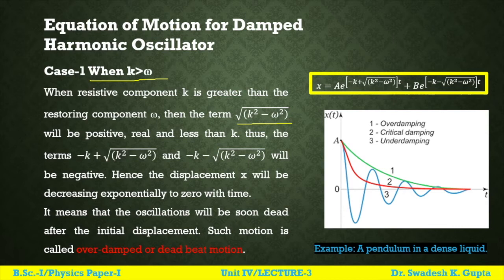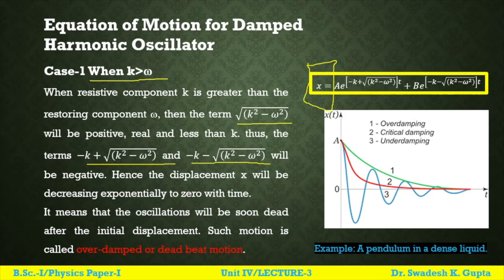So the two terms, minus k plus the root of k square minus omega square, and the other term, both will be negative. Hence, the displacement x will decrease exponentially to 0 with time, which is shown in the graph as curve number 1.